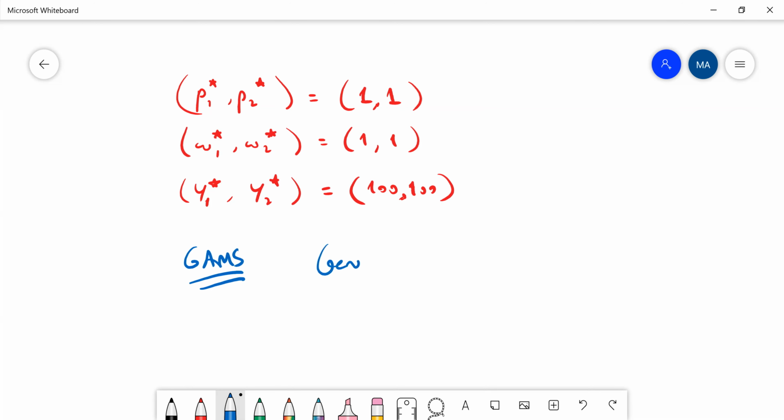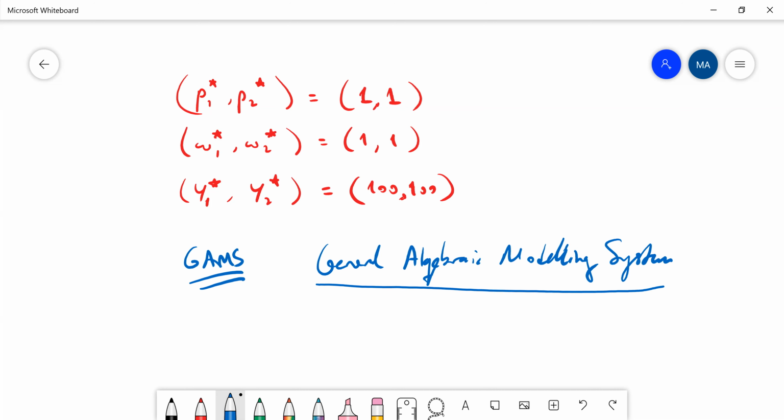That type of computer program is called GAMS, the General Algebraic Modeling System. Now, GAMS eventually arrives at this equation. Okay, remember this equation.